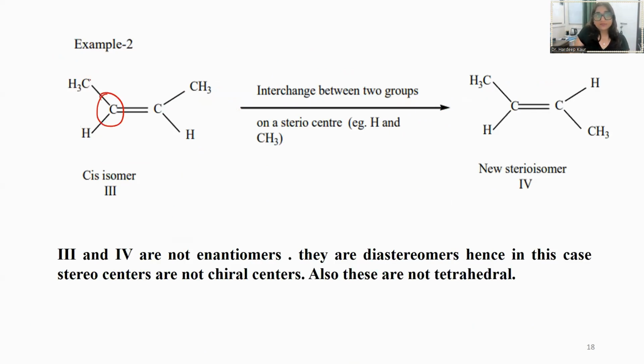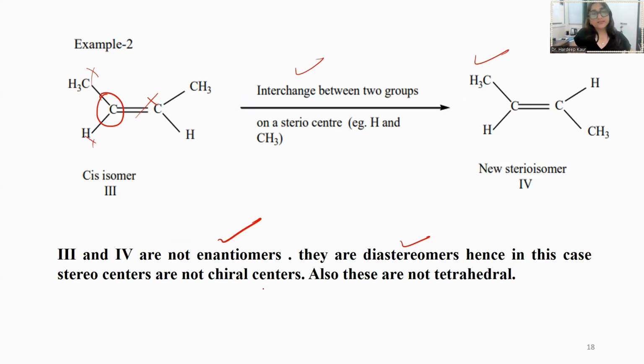So that's why this stereo center is a chiral center. But it is not in the other example. Here, this carbon is not attached to four different groups. Similarly with this one, whether you interchange them, they are not enantiomers, they are diastereomers. So in this case, stereo centers are not chiral centers. Stereo centers are those where, when two groups are interchanged, you get different stereoisomers.